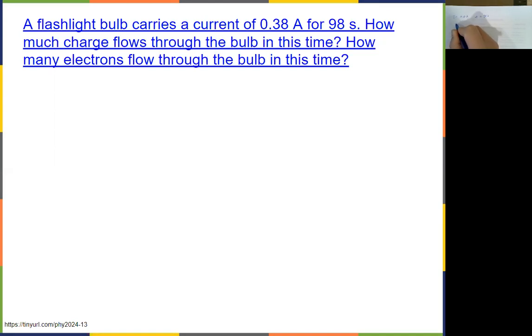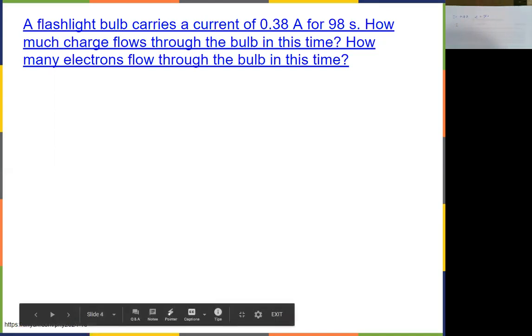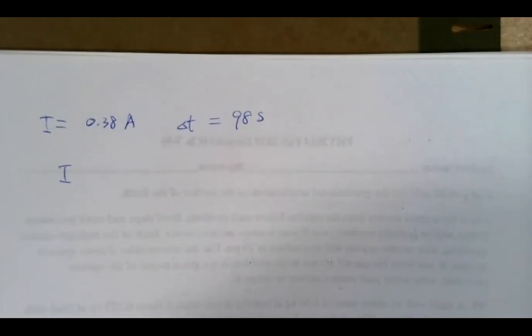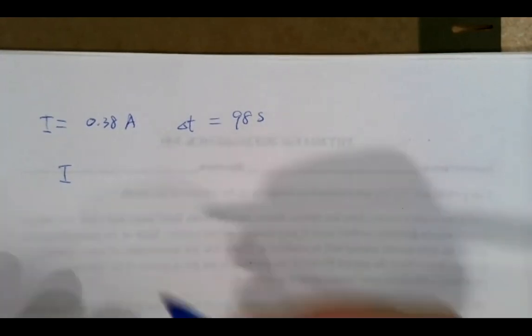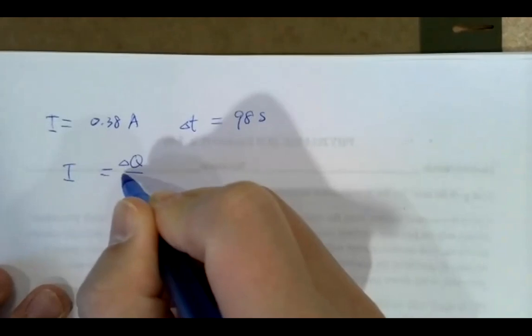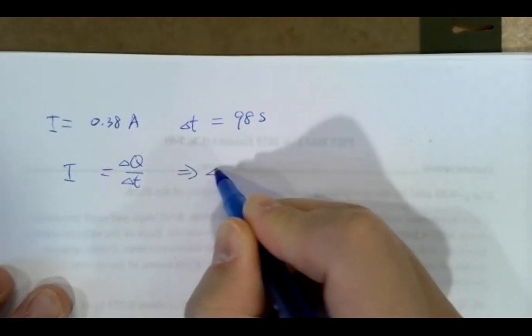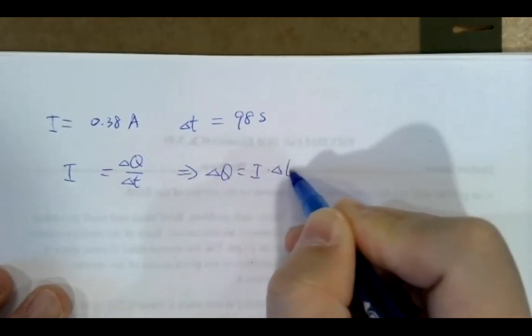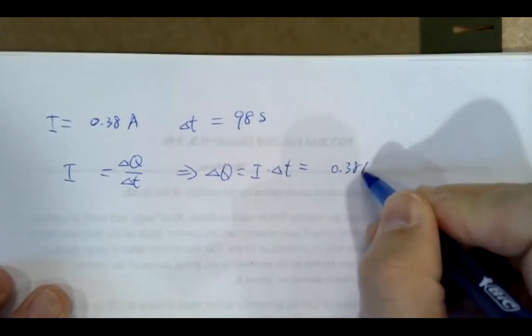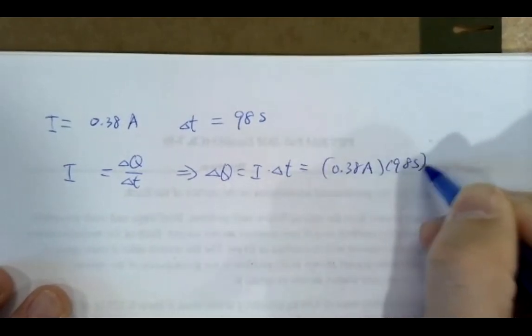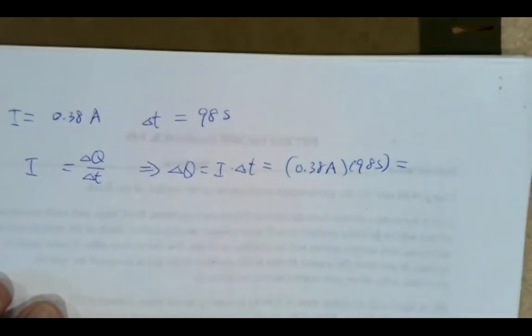According to the definition, I equals delta Q over delta T. It asks you to find delta Q, so delta Q should be equal to I times delta T. 0.38 amps times 98 seconds will give you how much charge is going through the light bulb in that time period.